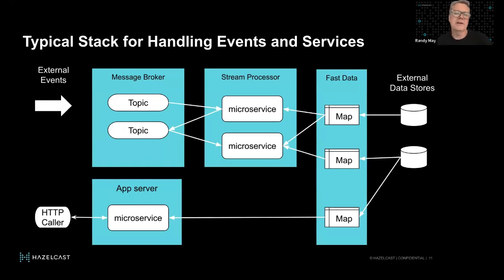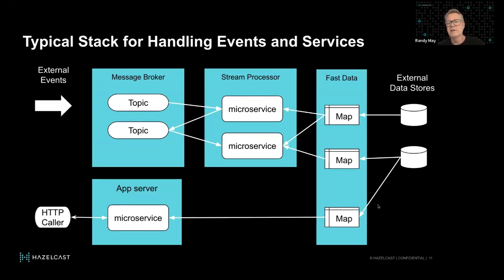Okay, so I'm going to do a kind of before and after. This is a very high-level representation of a typical enterprise stack. The web services look like this. You've got an app server hosting a microservice.